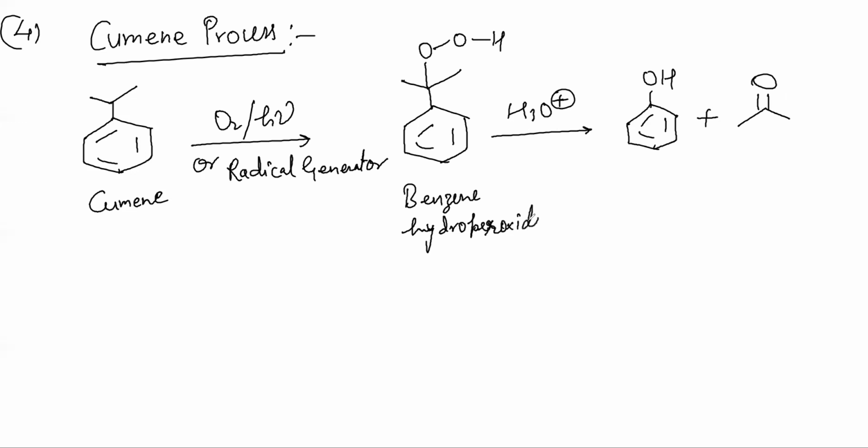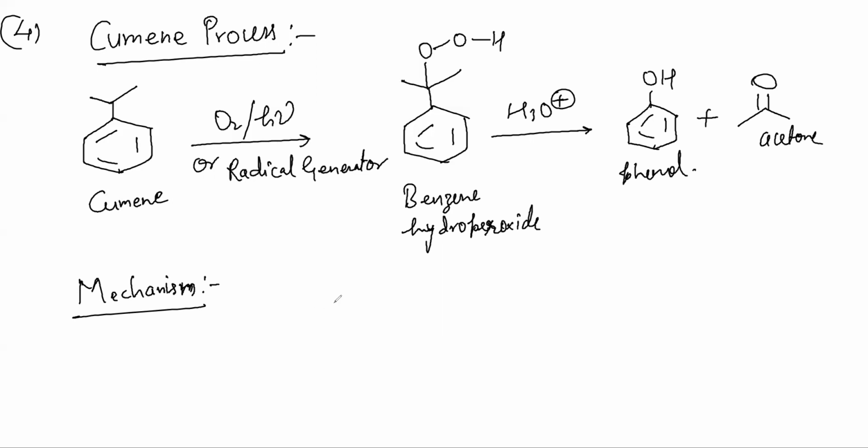It is an intermediate. This is acetone and this is our phenol. Please note this. I will write the mechanism here. See why I'm giving you the mechanism, because you may find similar types of questions and maybe their mechanism is required.